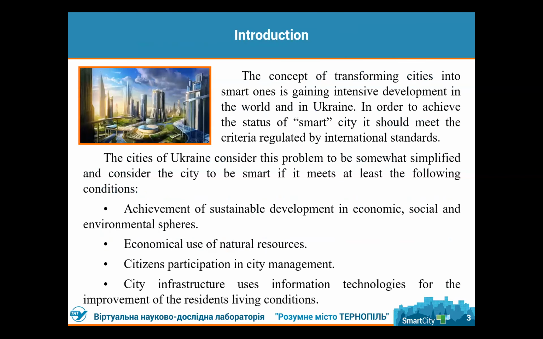The concept of transforming cities into smart ones is gaining intensive development in the world and Ukraine. In order to achieve the status of smart city, it should meet the criteria regulated by international standards.